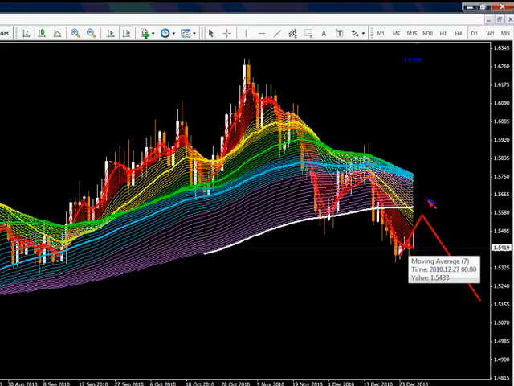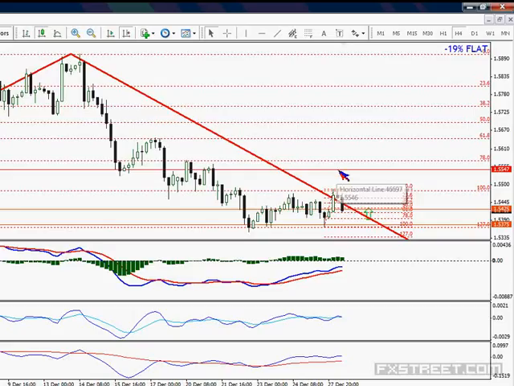As I said, when I see the first signal short after a long period of bullishness, I prefer to be cautious until I see the second signal. So the daily does not support this, and the 4-hour chart definitely does not. There's a very clear bearish trend on the 4-hour chart.